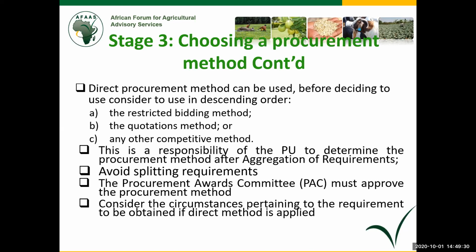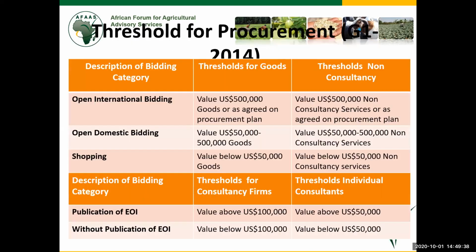Then we have to consider the circumstances pertaining to the requirement if we are to use the direct procurement method. Using our manual, the sample thresholds are here. For example, we were implementing the RMP, rather the MDTF2, and then IFAD, and then our manual.